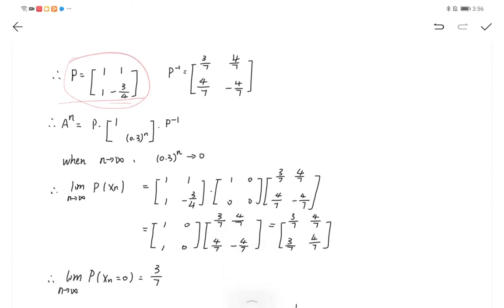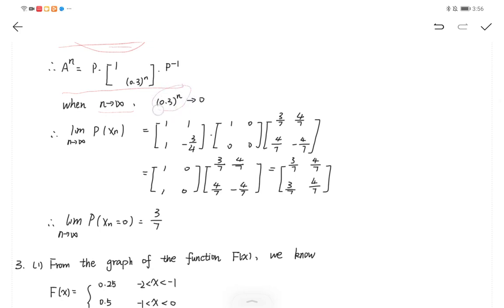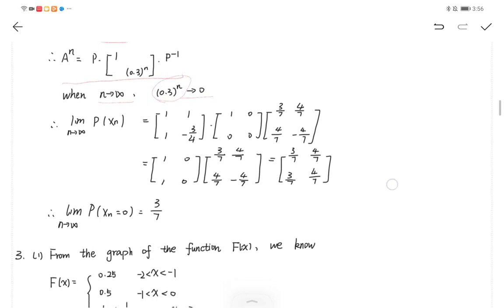So the matrix to the power of n is like this. But when n approaches positive infinity, this approaches 0.